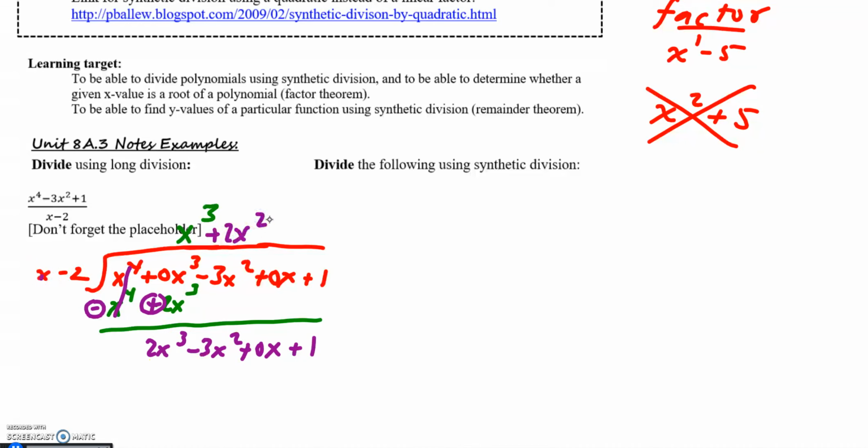Now if I multiply back, 2x squared times x is 2x cubed. 2x squared times negative 2 is negative 4x squared. Things are lining up nicely here. Subtract, both signs change. Combine down, we would get 4x squared minus 3x squared is 1x squared plus 0x plus 1.